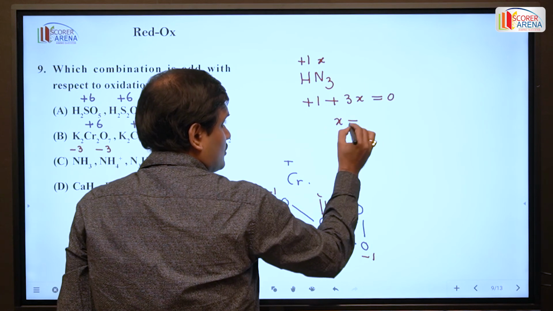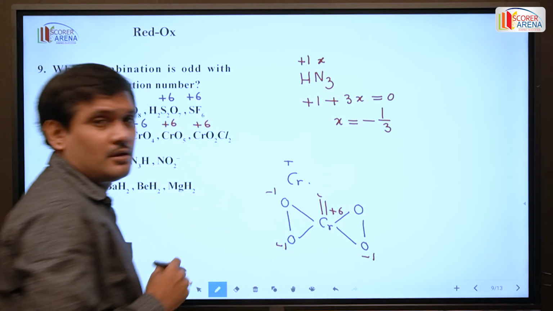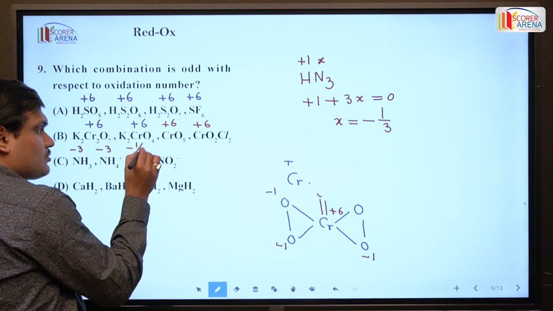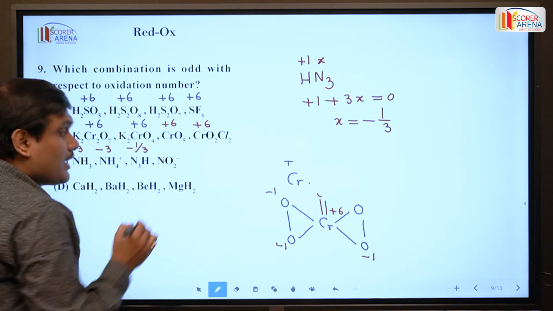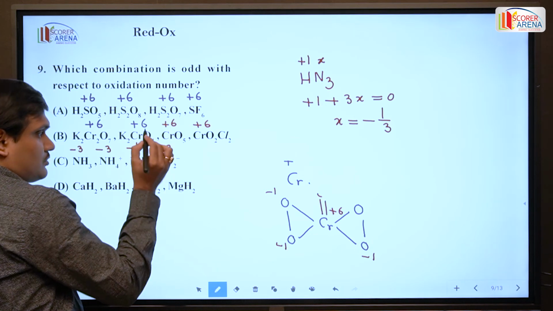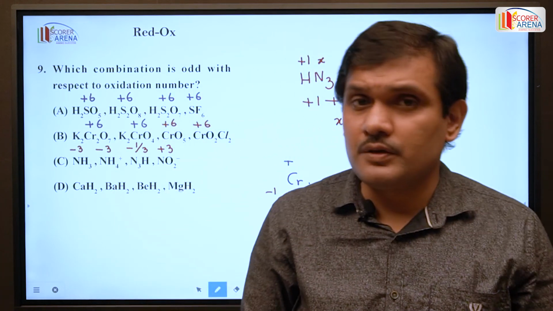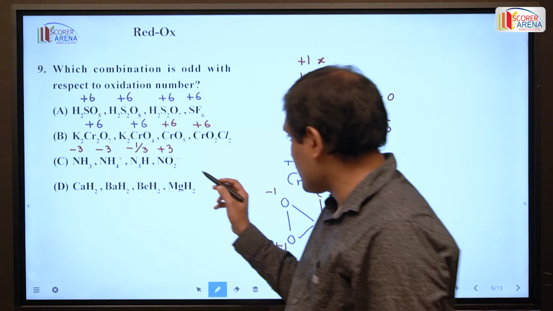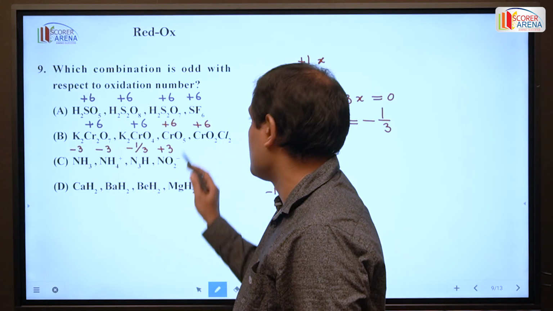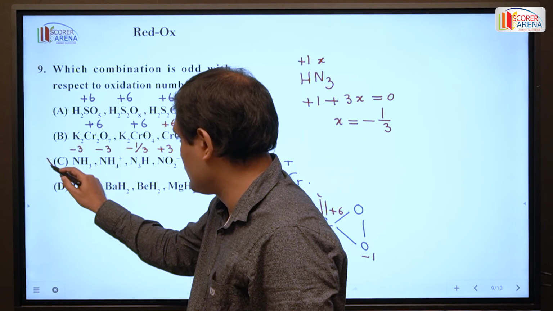So we get x equal to -1/3. So the oxidation number for nitrogen in hydrazoic acid is -1/3. And in NO2 minus, nitrogen is in the +3 oxidation state. Try to calculate it, it will be +3. So in this case we are not getting the same oxidation number for all the nitrogen atoms. So I think it will be the correct option. It is an odd combination here.